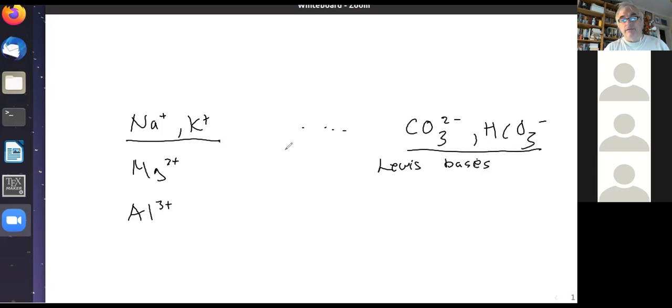But if you have potassium, for example, together with hydrogen carbonate or carbonate ions, the basic character of these anions will dominate over the acid character of the cation.